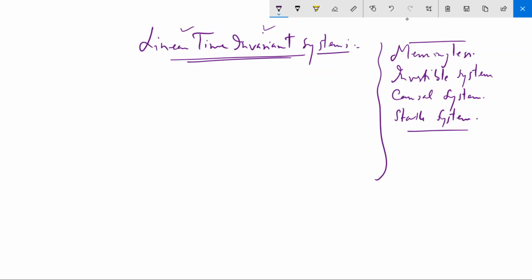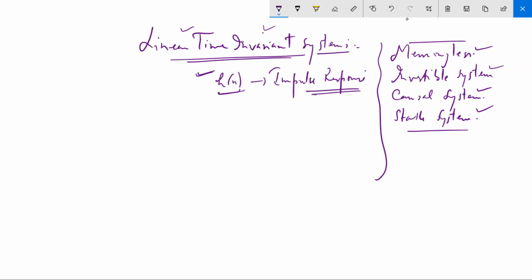Okay. Now if the system is linear and time invariant, it is basically characterized by its impulse response h[n], and you will see that by looking at the impulse response of the system, if the system is linear and time invariant, you can have an idea about whether the system is going to be memoryless, or invertible, or causal, or stable.